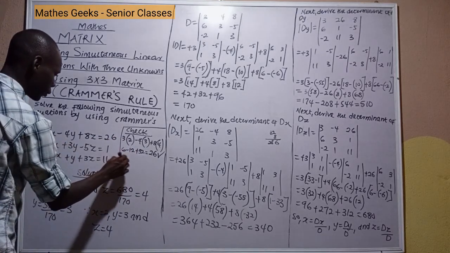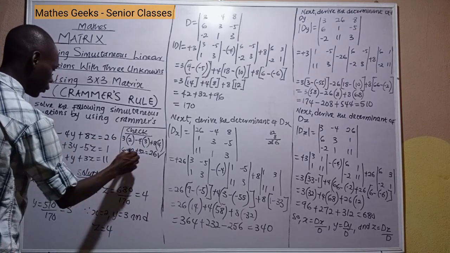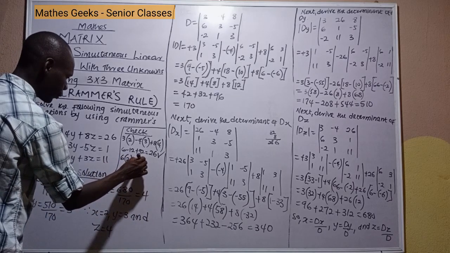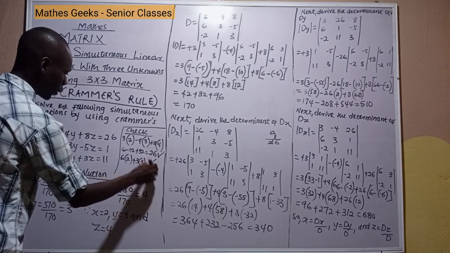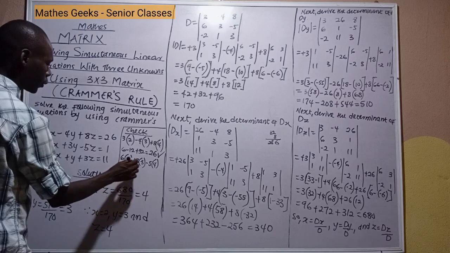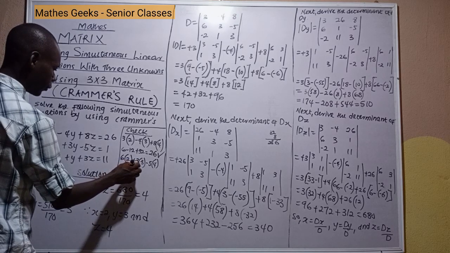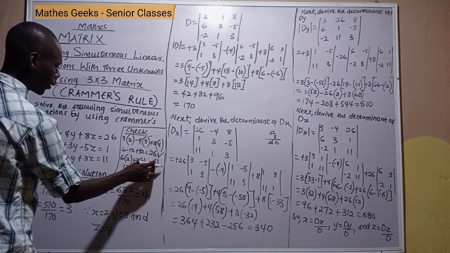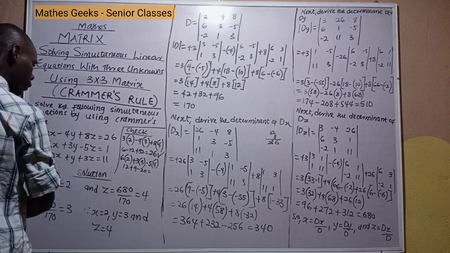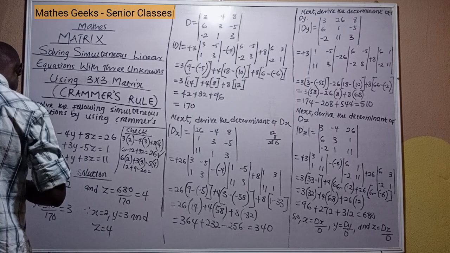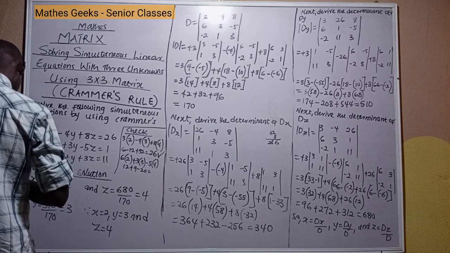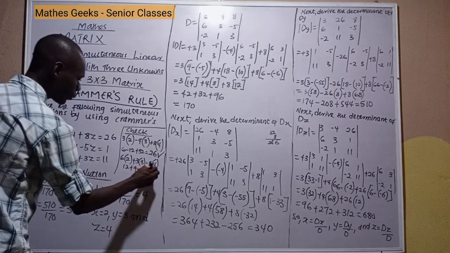So 6x, 6 times 2, plus 3y, y is 3, minus 5z. 6 times 2 is 12, 3 times 3 is 9, plus 9, minus 5 times 4 is 20. 12 plus 9 minus 20 is 1.